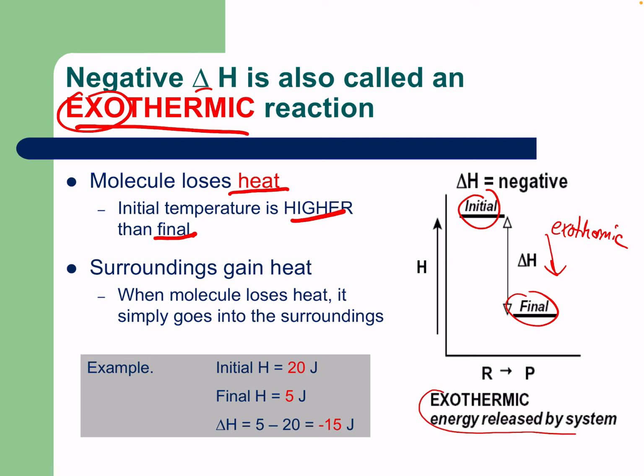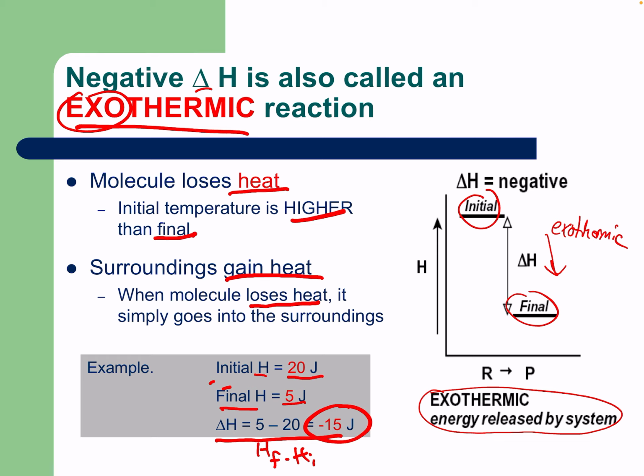Exothermic means energy is released from the system. The surroundings gain heat, and when the molecule loses heat, it simply goes into the surroundings. Remember, our first law of thermodynamics: energy is not lost, it just changes form. As an example, our initial enthalpy is 20 joules, while our final is 5 joules. So H final minus H initial equals negative 15. Therefore, it is exothermic, and energy is released by the system.